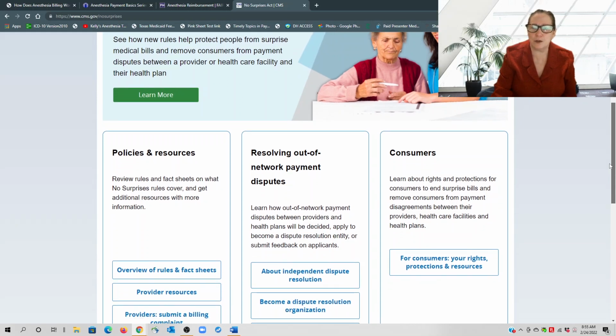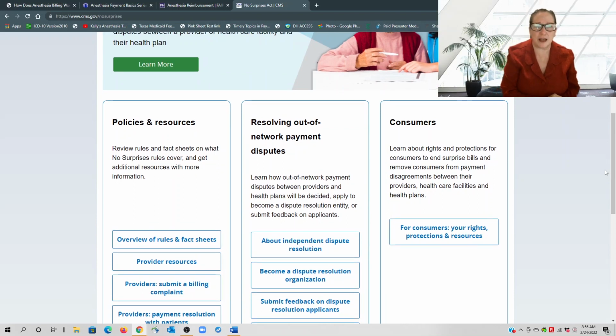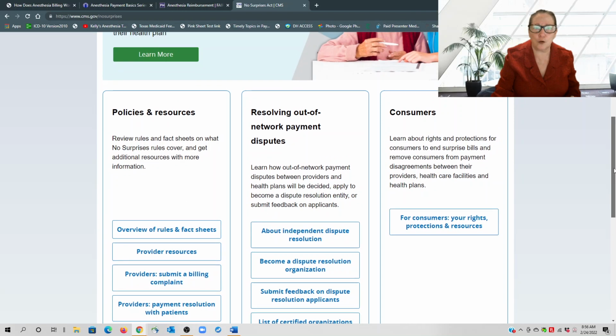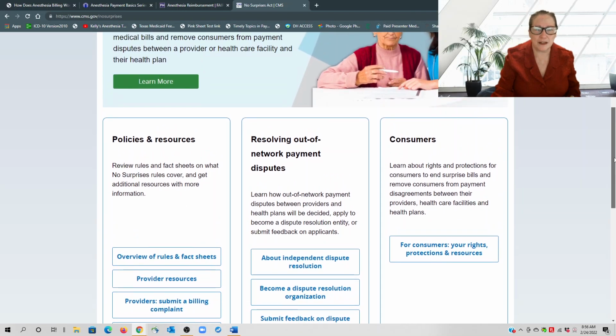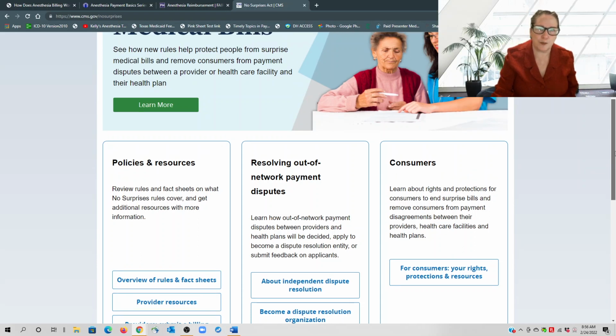I'll give you the link to the information, and just know that your anesthesia offices should be working on these with the hospitals and facilities where anesthesia services are provided. And our fingers are crossed to hope that insurance companies are going to be fair in their payments, reimbursements for them, payments for us, to anesthesia practices.